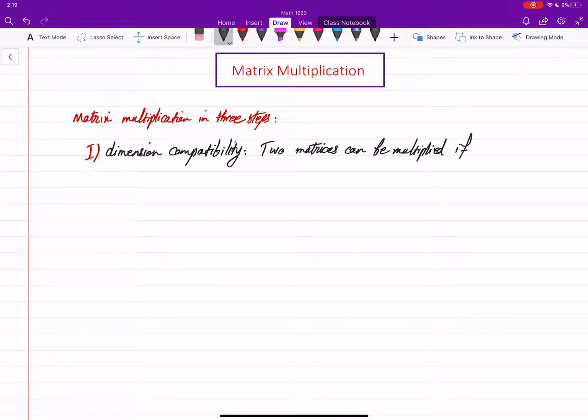If this doesn't work, then it means that the multiplication is not defined. The number of columns of the first matrix must be equal to the number of rows of the second.